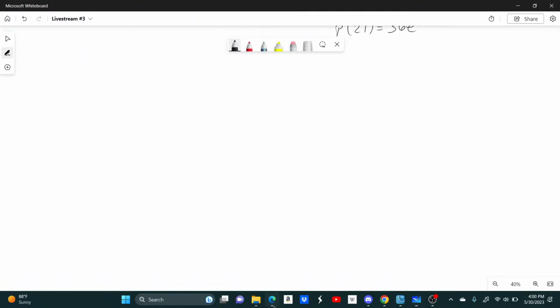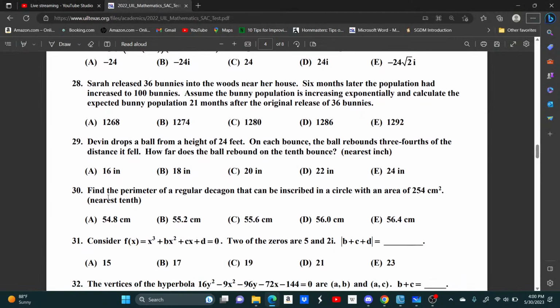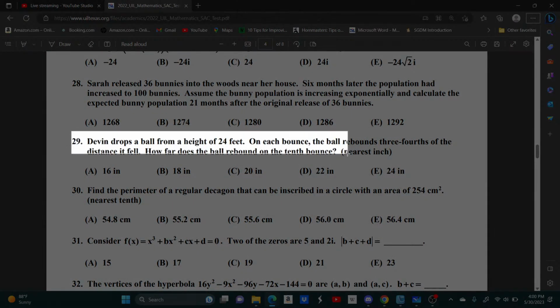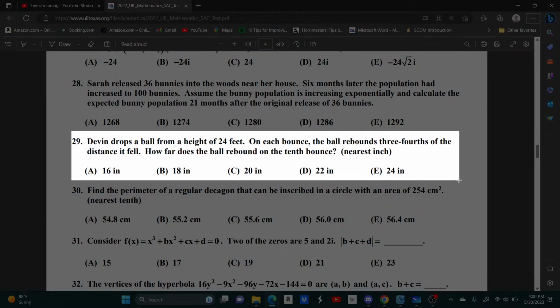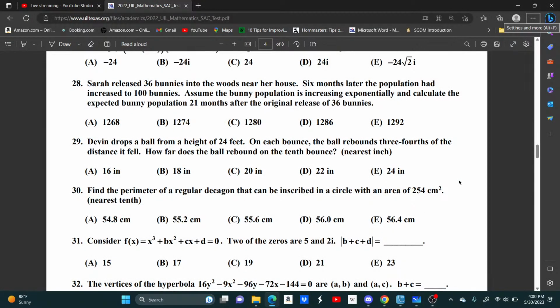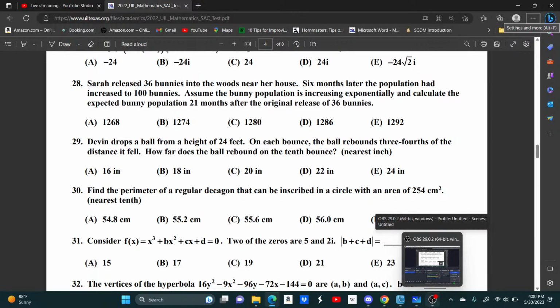Okay, number 29. For those of you that are just arriving, I'm basically just going to do this until I get to the calculus and the statistics, and then once I get there, I'm going to stop and do a different stream, maybe tomorrow, maybe the next day, with just calculus and statistics, because I feel like there's a pretty good divide when it comes to people that do UIL math.